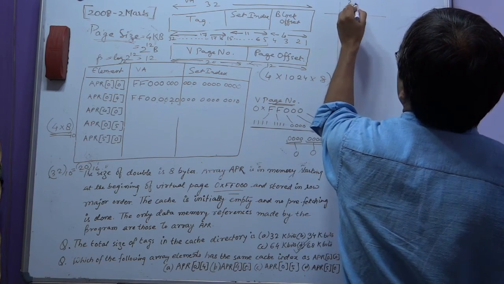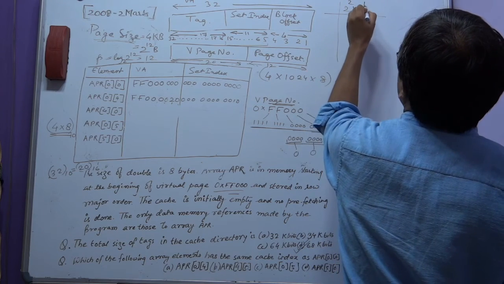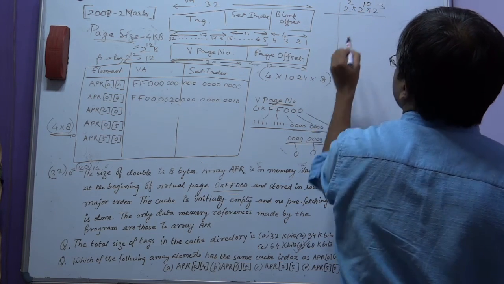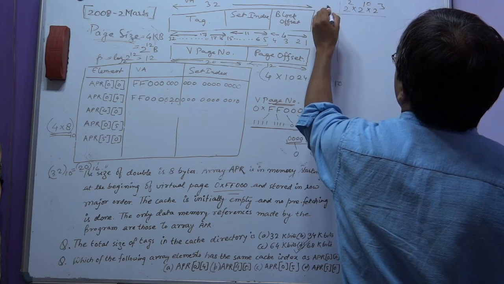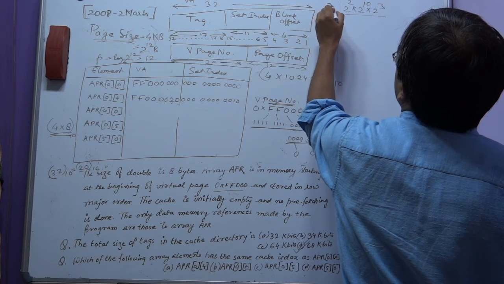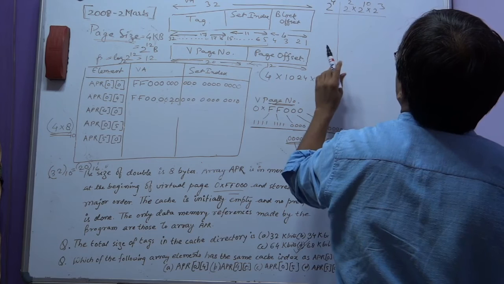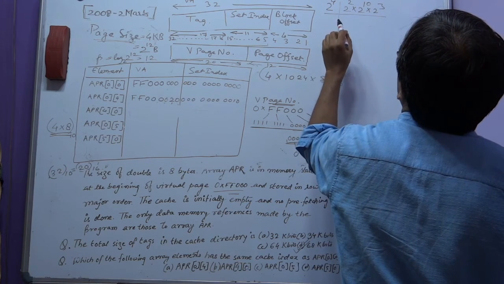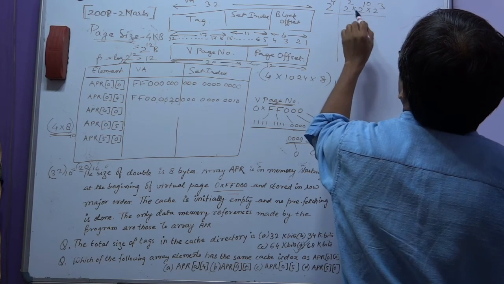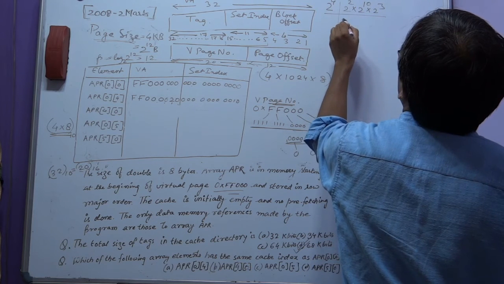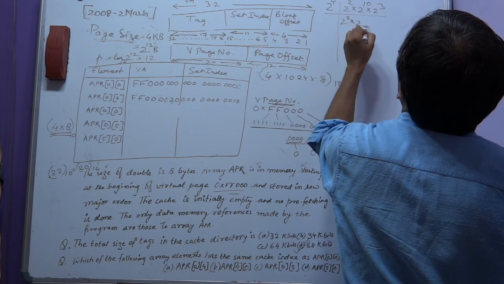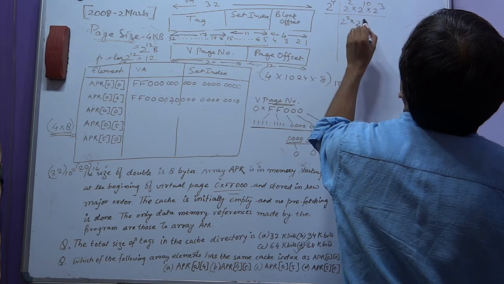So this is 2 to the power 2, 2 to the power 10, and 2 to the power 3, and we need to divide it by 16. 16 can be written as 2 to the power 4. Now divide this number by 2 to the power 4.